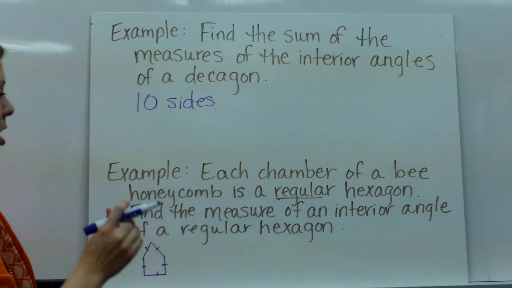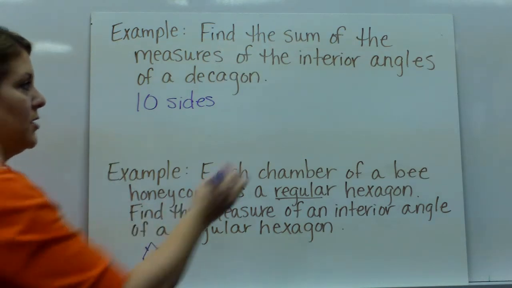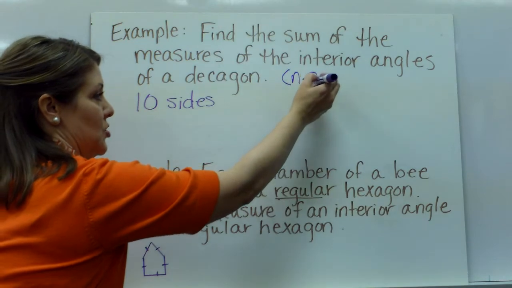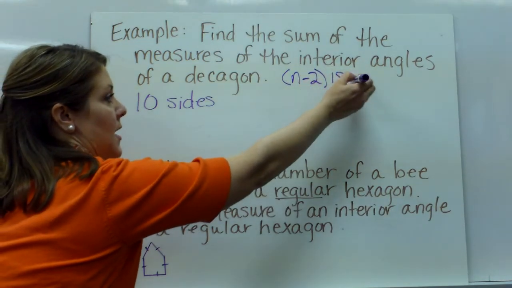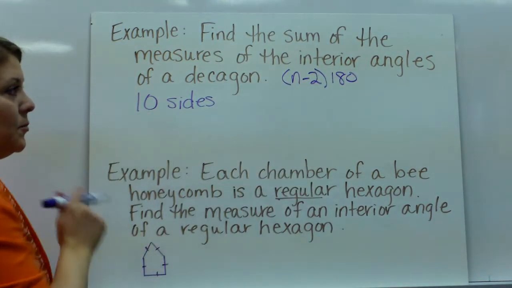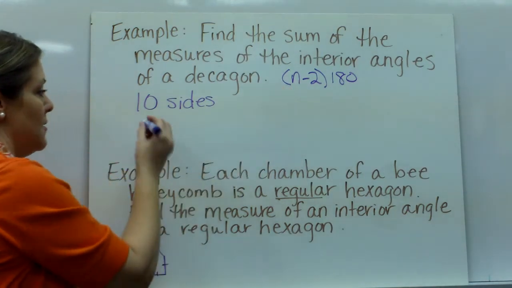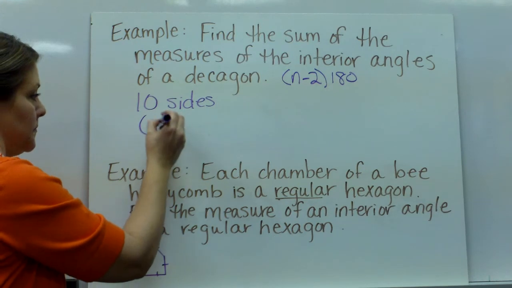Remember, our expression is the number of sides minus 2, times 180. We know the number of sides is 10, so we substitute 10 in place of n.